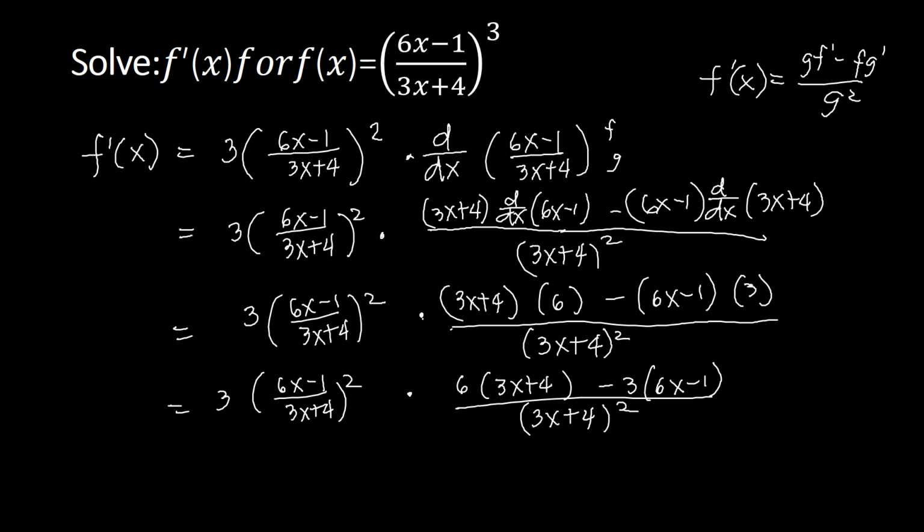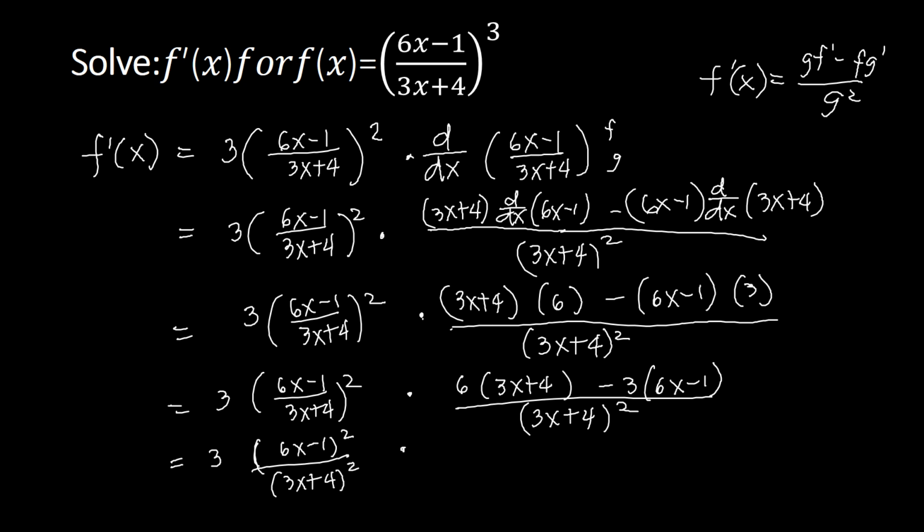So this is now 3 times 6x minus 1 squared over 3x plus 4 squared, times 6 times 3x plus 4. We can simply distribute that so that we can combine all the numerators here.